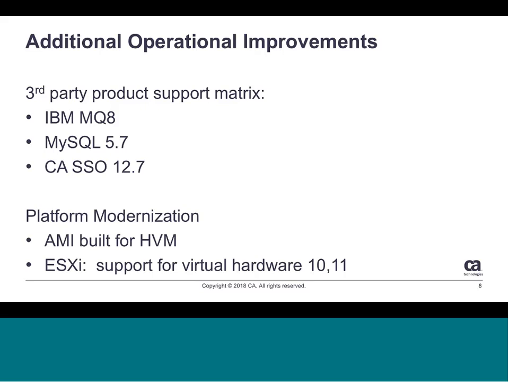We've modernized the AMI to be able to be built differently to take advantage of some of the more modern deployment structures that Amazon has put into place for their images. And with ESXi, we now support virtual hardware 10 and 11, which line up with the versions of ESXi that we do support for the Gateway as well.